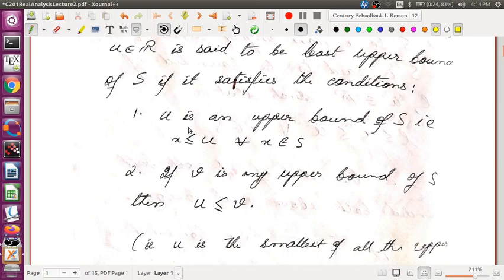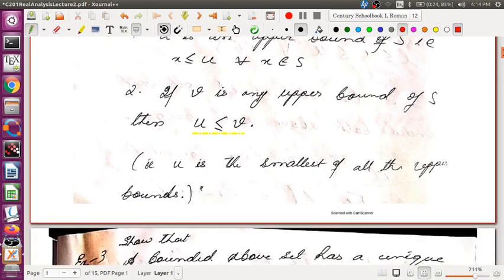First condition is U should be an upper bound of S, that is x less than or equal to U for every x inside S. And second condition is if V is any other upper bound of S, then U should be less than or equal to V, because U is the least upper bound, the smallest of all the upper bounds. So if V is any upper bound of S, then the relation between U and V should be U less than or equal to V, right? That is, U is the smallest of all the upper bounds.